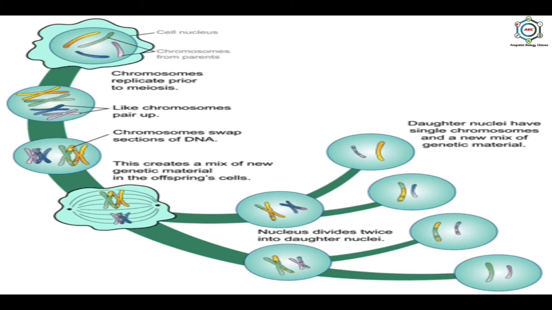Then it forms two daughter cells because the nucleus divides twice into daughter nuclei, and these daughter nuclei after the second meiosis form the single chromosome and a new mix of genetic material. So in the first meiosis, two daughter cells form, which after meiosis second are converted into four daughter cells.